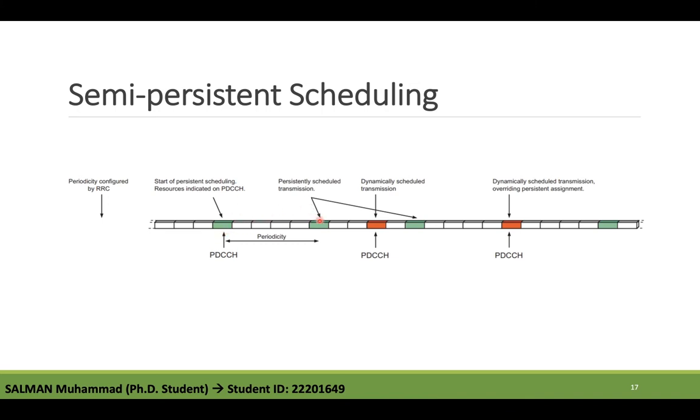The periodicity of semi-persistent scheduling, that is the value of n, is configured by RRC signaling in advance, while the activation and deactivation is done by the PDCCH. For example, for VoIP, the scheduler can configure a periodicity of 20 milliseconds for the persistent scheduling, and once a talk spurt starts, the semi-persistent pattern is triggered by the PDCCH.